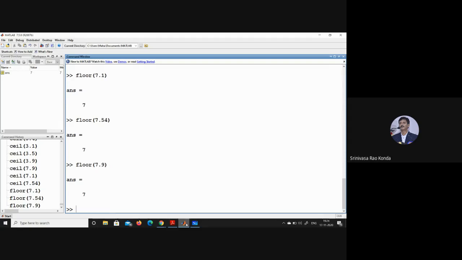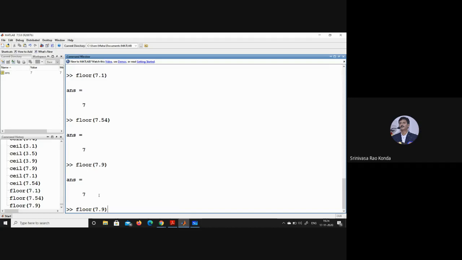So it is almost similar to the fix command. It looks like the fix command, but it is not exactly the same. Floor is different. Here also the decimal places are eliminated.